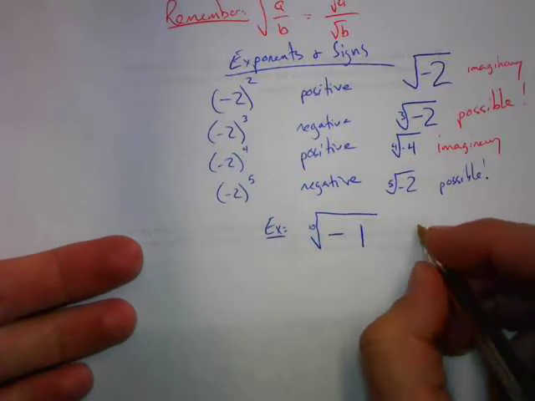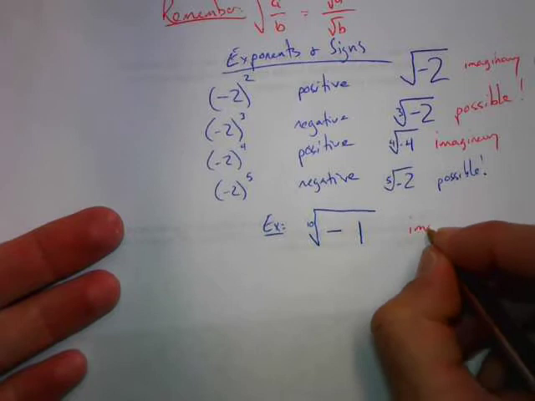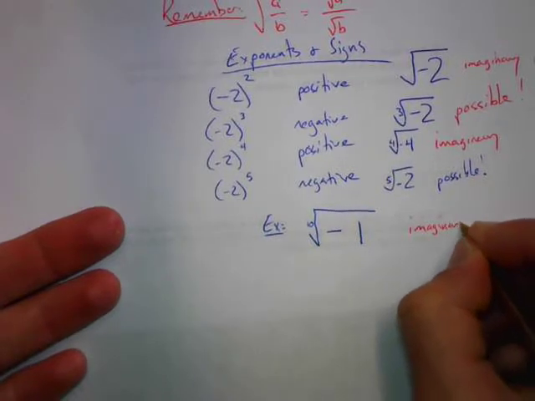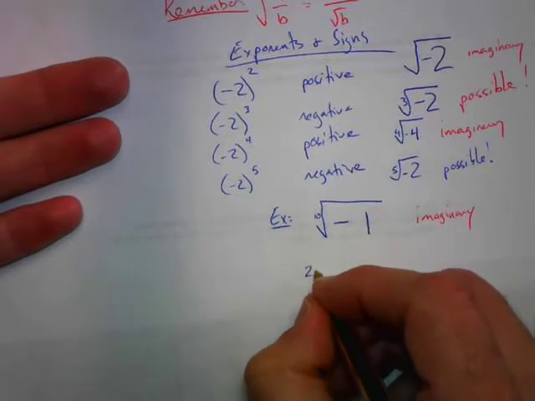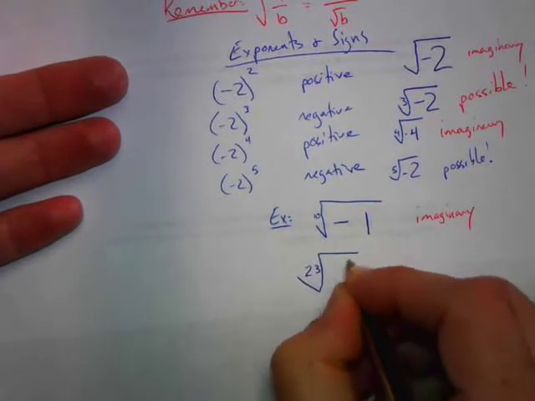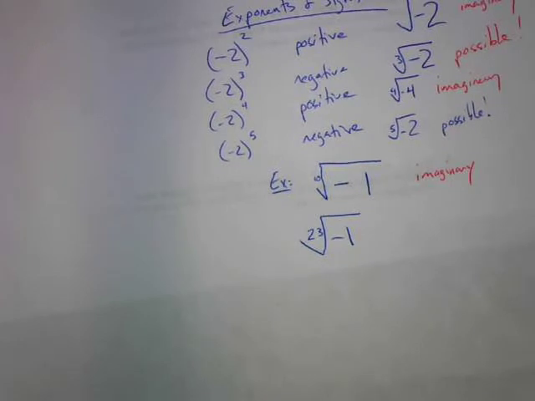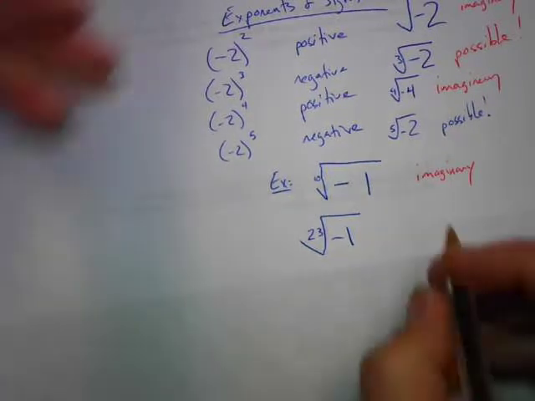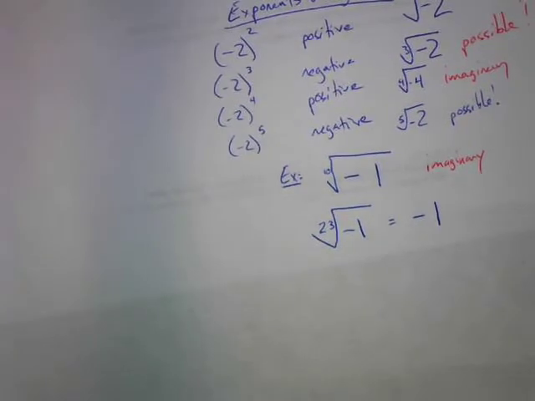But what if we had the 23rd root of negative 1? What times itself 23 times gives us negative 1? Negative 1. That's a real number, right? A totally real answer would happen if we were to do that.